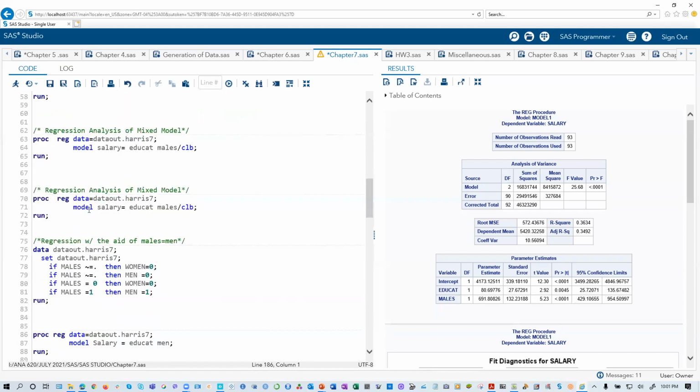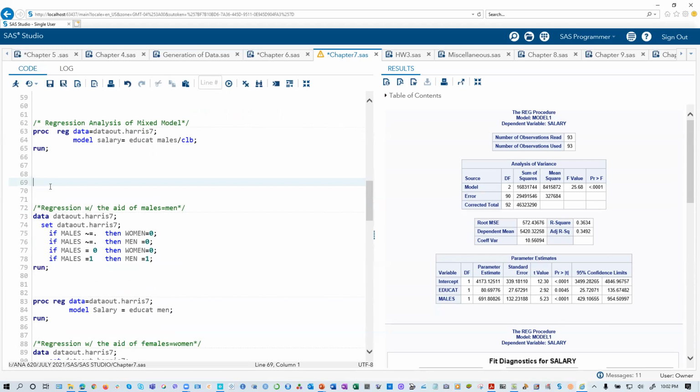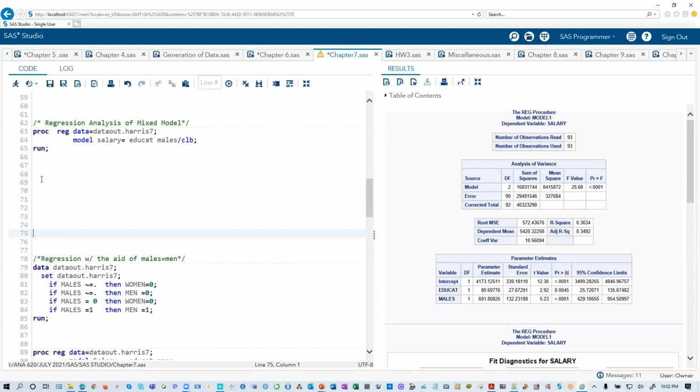Okay, good. Mixed model analysis of the mixed model, education and males. Is that the same thing? Data out Harris year B, it looks like it's the same. It's more or less. We don't need that one. Here we can.